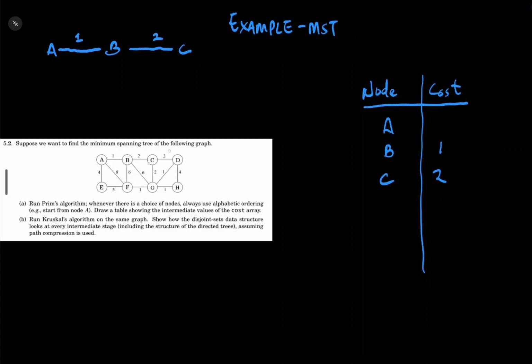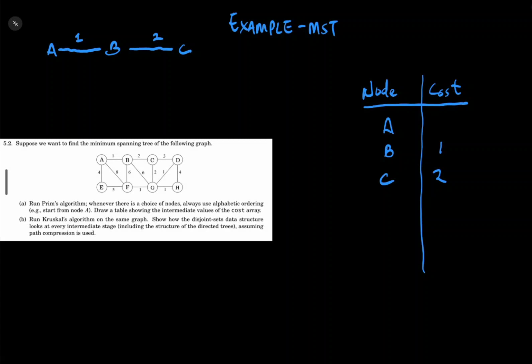You have C to G, that's 2. So which one do we select? That's a question. The question says whenever there is a choice of nodes, always use alphabetical ordering. Because of this instruction, we are going to go with D.